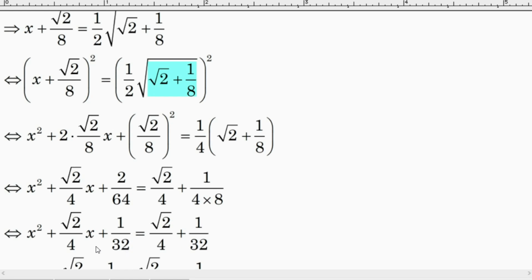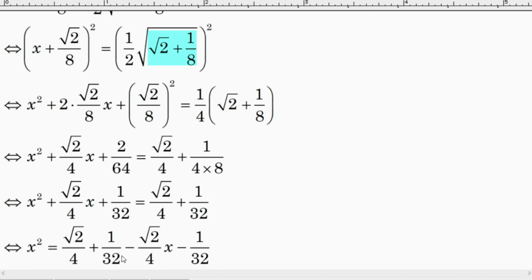And then here we have x squared plus, and this is still the same, and then we simplify 2 in the numerator with 2 in the denominator, so that when we simplify the factors, we get 1 divided by 32 equal to square root of 2 divided by 4 times x, plus 1/4 times 8, that will be 32.